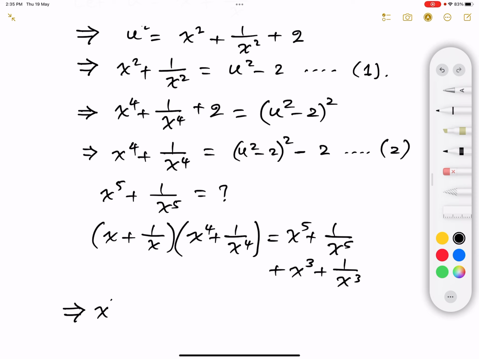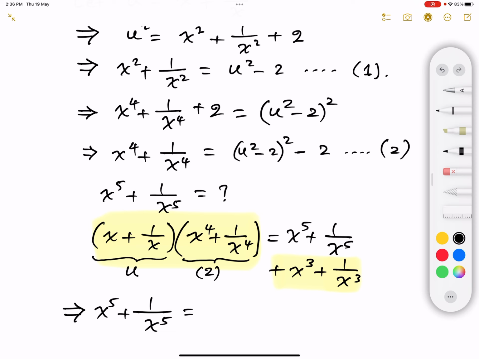This implies that x to the power 5 plus 1 over x to the power 5 is nothing but this whole term here minus this term here. Okay, so this term here on the left hand side is nothing but u, and this term here we can get from equation number 2, which is u squared minus 2 all squared minus 2.